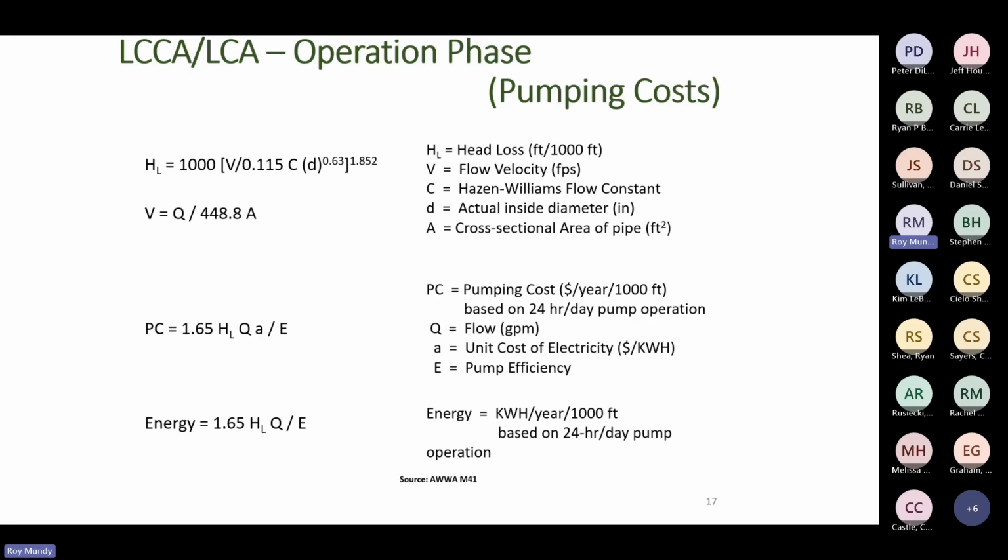You see the Q equals VA issue, but here V equals Q over A.